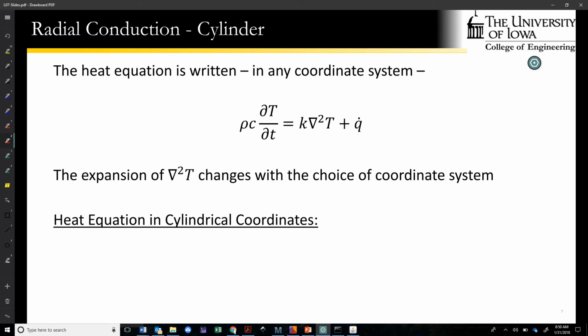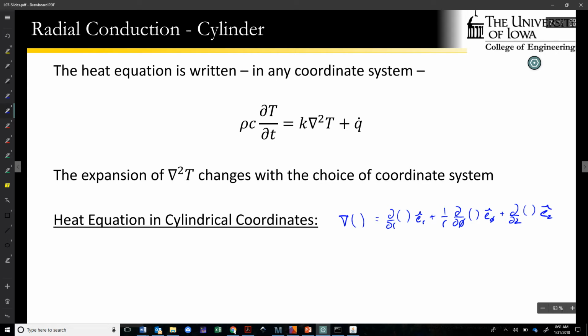this divergence of the temperature field. Because when you're talking about, for example, cylindrical coordinates specifically, the del operator itself is equal to the r unit vector in the r direction, plus 1 over r times the phi unit vector in the angular direction, plus the z unit vector in the z direction.